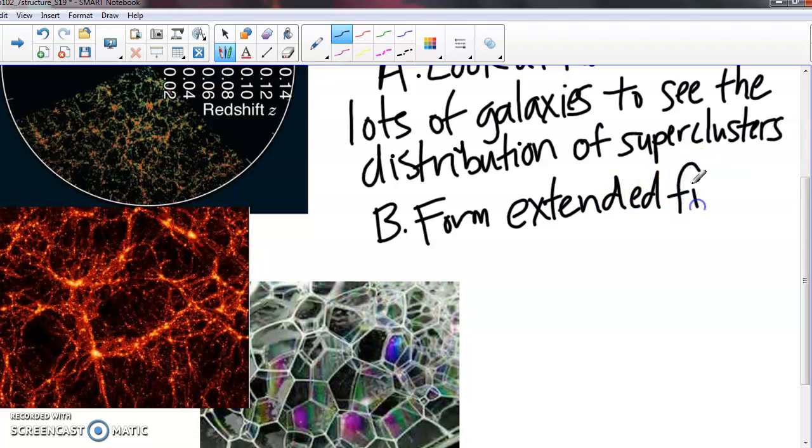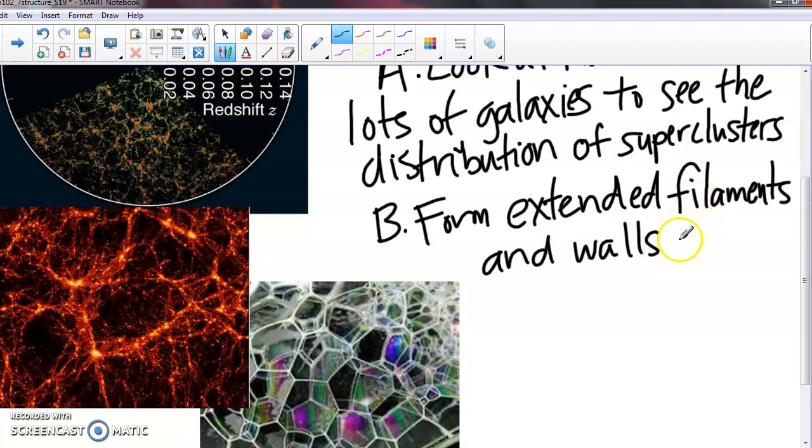They are filaments. Okay, so the superclusters come together to form extended filaments, and the filaments actually become walls surrounding voids. Alright, so walls around these voids.